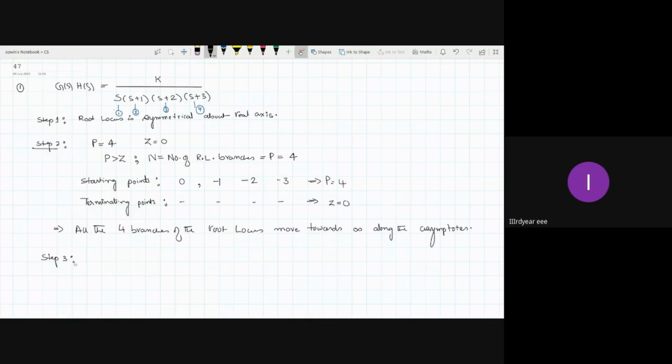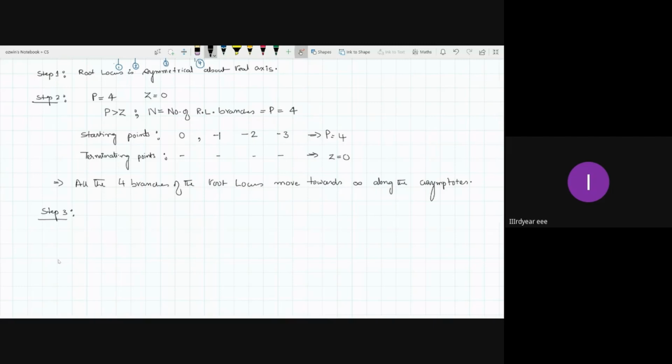Step 3 is about prediction of root locus on the real axis. For this, we will draw a simple pole zero plot.